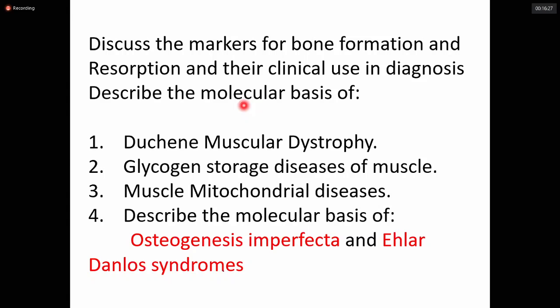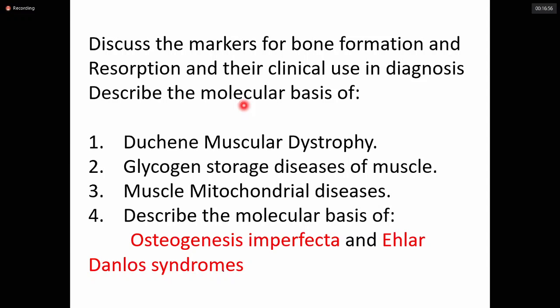Glycogen storage diseases that are related to muscles, because glycogen storage diseases are almost associated with the liver, as well as the role of mitochondrial diseases in muscle disorders. In other words, if we have a problem in mitochondrial function, most probably we have a problem in the nervous system as well as the muscular system. And when I say muscular system, it could be any other type of muscles, cardiac or skeletal muscles.